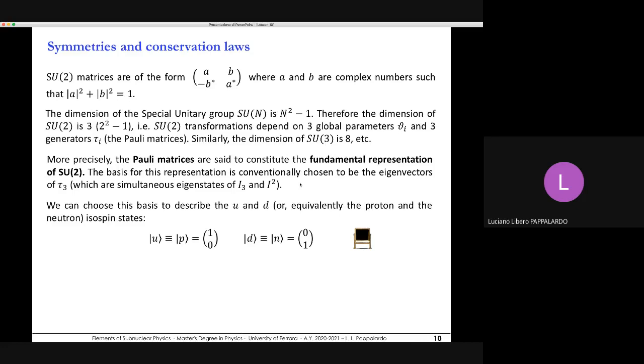We can choose this basis to describe the up and down quarks, or equivalently the proton and the neutron isospin states. The isospin state of the up quark or the proton will be (1,0), and the isospin state of the down quark or the neutron will be (0,1), where (1,0) and (0,1) are the eigenstates of the tau3 Pauli matrix. Let me just very quickly show this on the board.